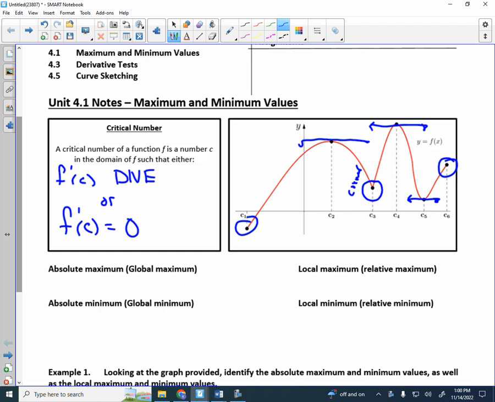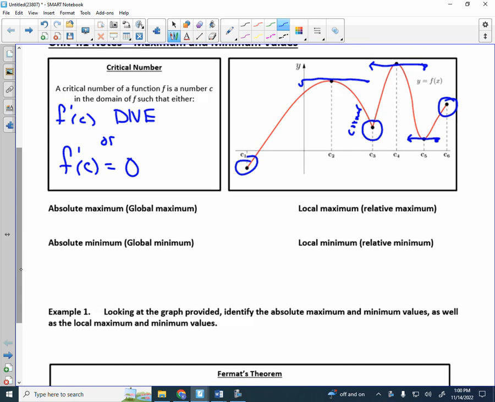Okay. So we have these different ideas, such as an absolute maximum. Another way to think about this is the global maximum, the largest value on the graph. So you tell me when I get to the largest value on the graph. Yeah, this is the absolute maximum. So it happens at C sub 4.